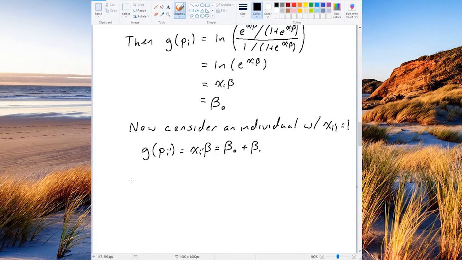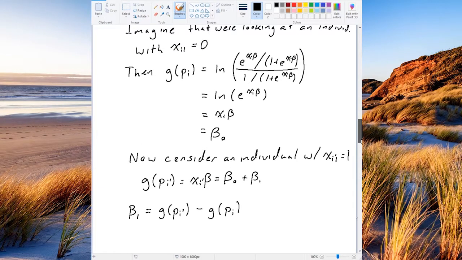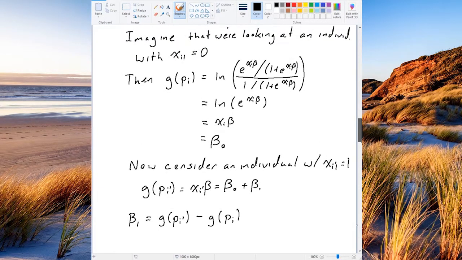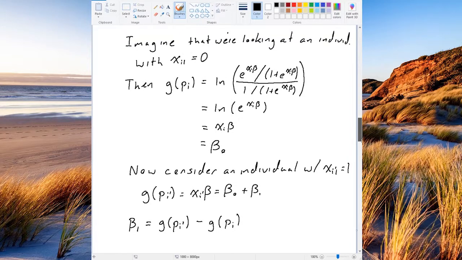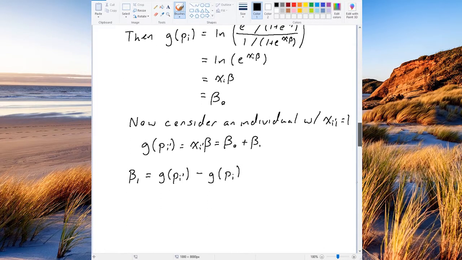Because what I've got is beta 1 is going to be equal to g of pi prime minus g of pi. So relating these two. Okay, so now I've got some way of talking about beta 0 and beta 1 separately. What does that get me?